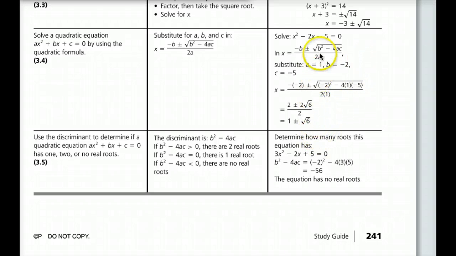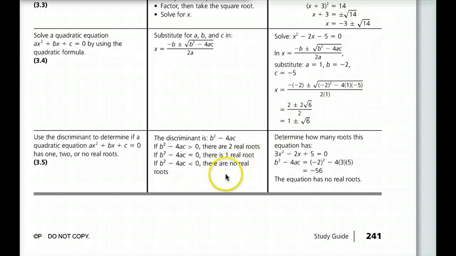For example, if b squared minus 4ac is a perfect square, then in your solution you should not have a radical, because the perfect square will be gone and change to its square root, which is a rational number. That's one case. Basically, if b squared minus 4ac, which is called the discriminant, is a perfect square, then you should be able to factor the original equation in the first place.